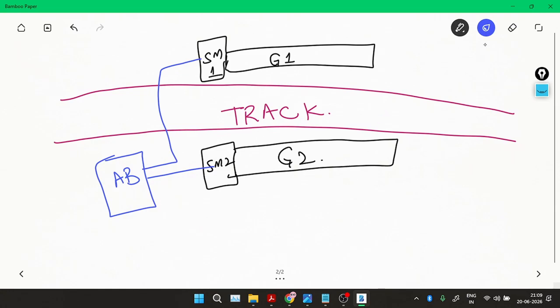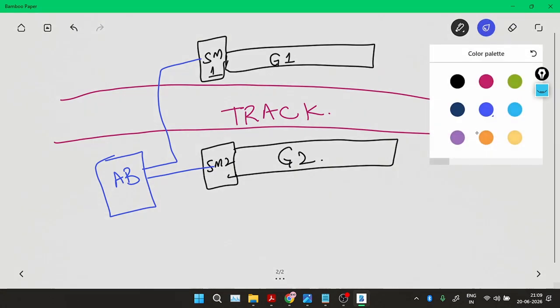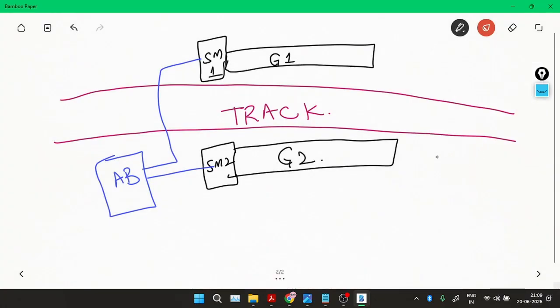Now, to sense the arrival of the train, I need an ultrasonic sensor. I'm not going to keep the ultrasonic sensor near the gateways.